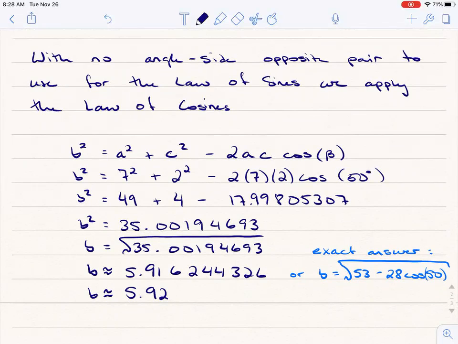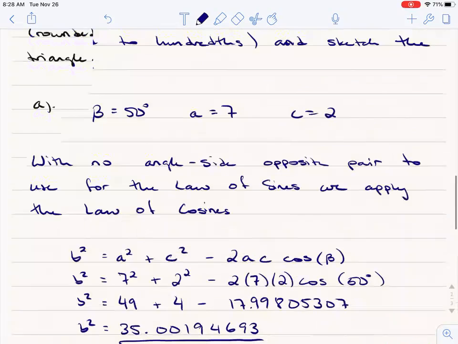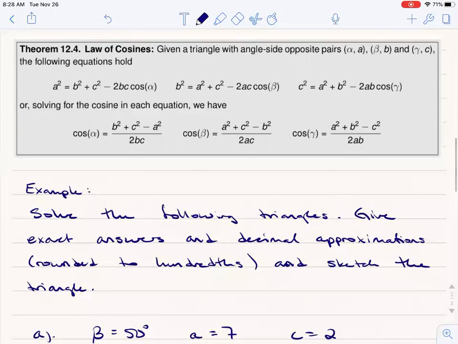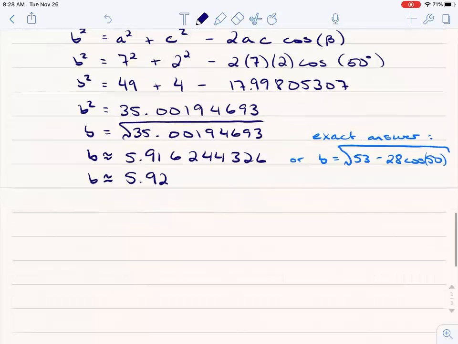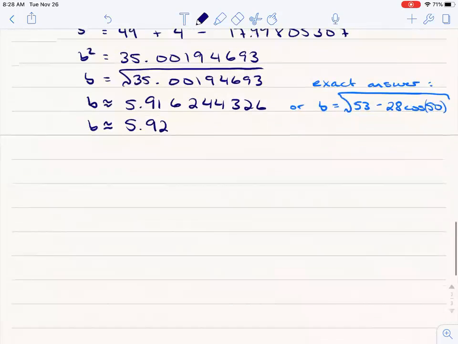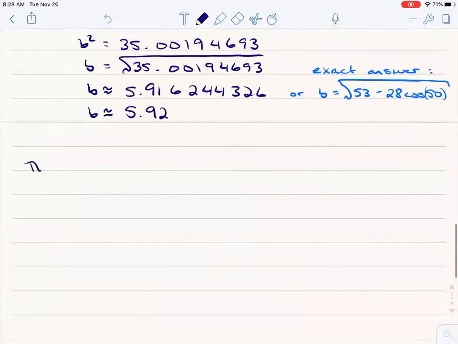But you could absolutely just keep going with the law of cosines, using the cos of alpha or the cos of gamma to solve for alpha and gamma. But we'll do problems like that soon as well, so you'll get to do it all. There are many ways we could proceed.